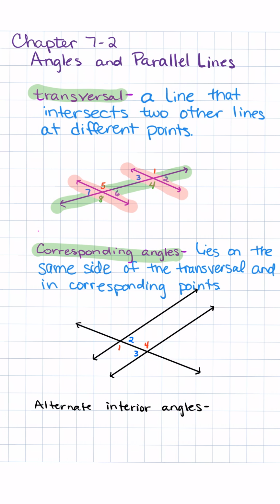So if we were looking at the angles above, corresponding angles would be angle 1 and angle 5. So 1 and 5 are corresponding angles, and 3 and 7.